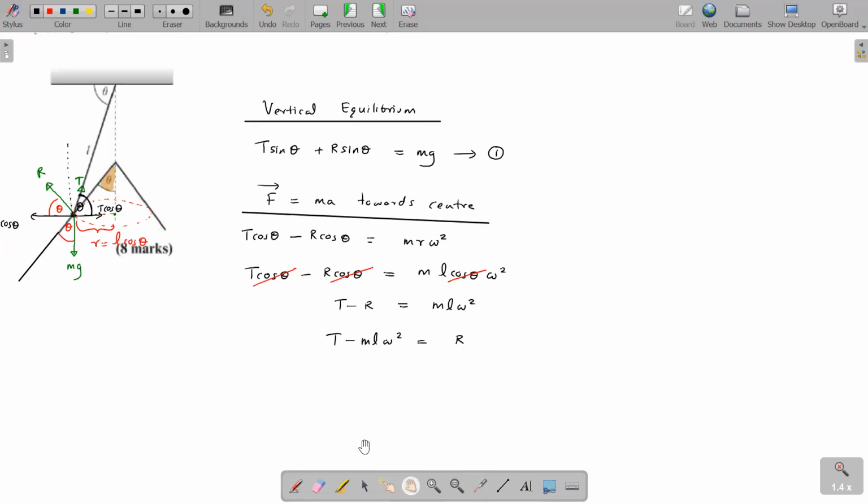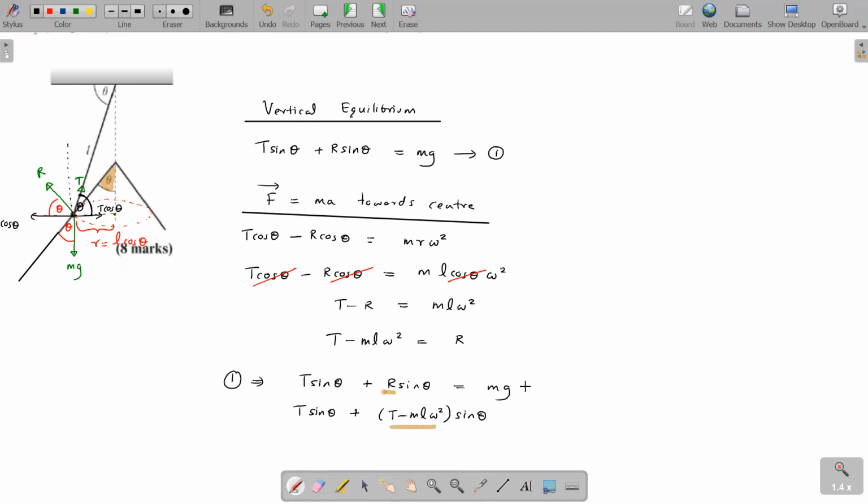Now let's substitute into equation 1: T sine theta plus R sine theta equals mg. R is T minus m L omega squared, so I replace the R here.